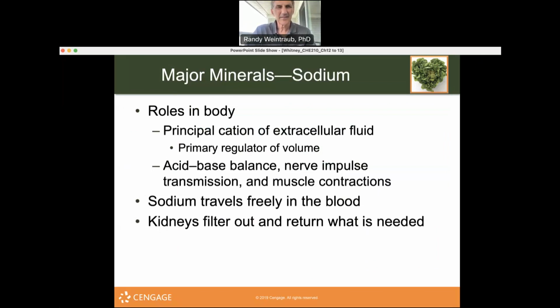They're active in acid-base balance, nerve transmission, muscle contractions. Sodium travels freely, very water soluble. All ions, electrolytes are. Kidneys filter them out and return them as needed. That's the job of the kidneys.